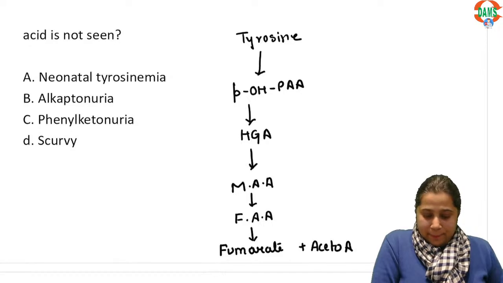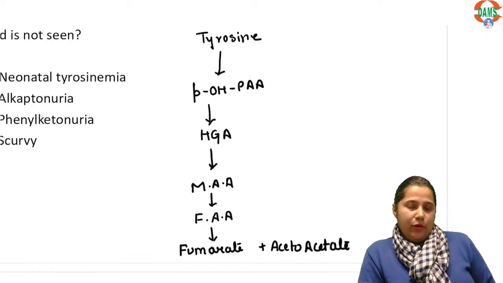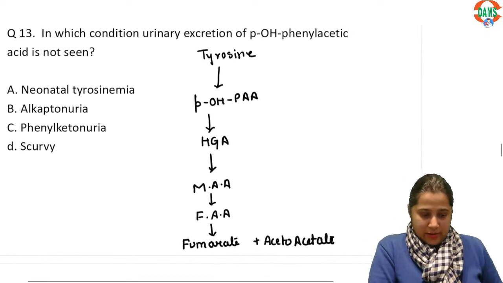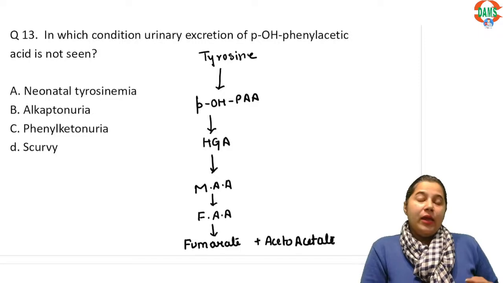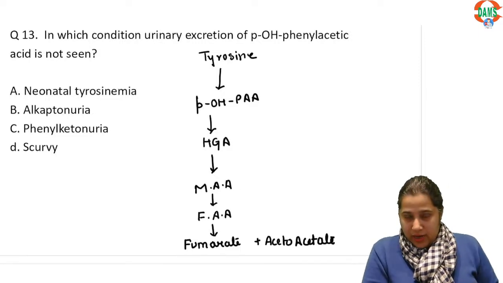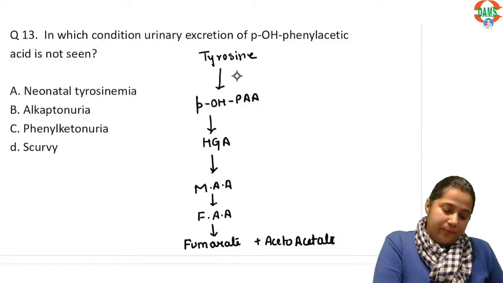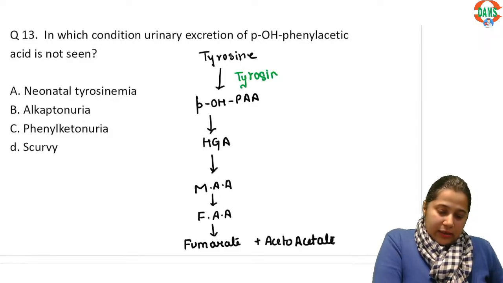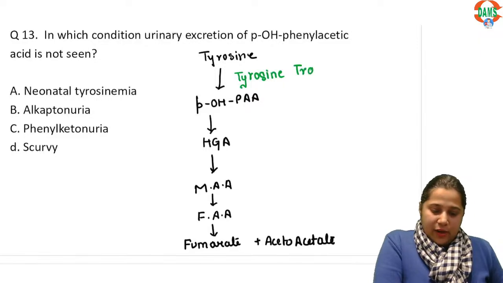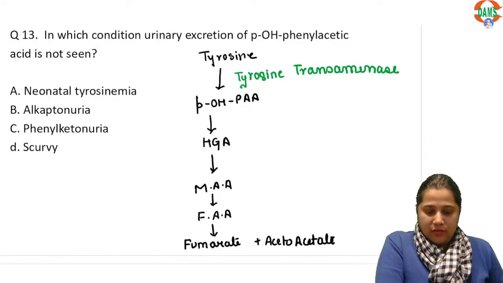Now, there can be a future question related to tyrosine catabolism, so I am discussing tyrosine catabolism in detail here. Tyrosine is converted to para-hydroxyphenylpyruvic acid by the enzyme tyrosine transaminase. The transaminases require vitamin B6. We already saw this in one of the previous questions.